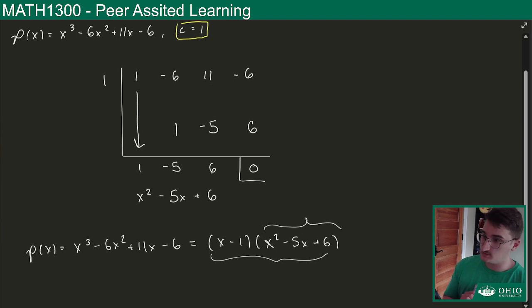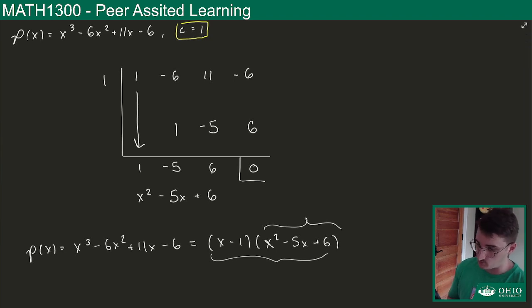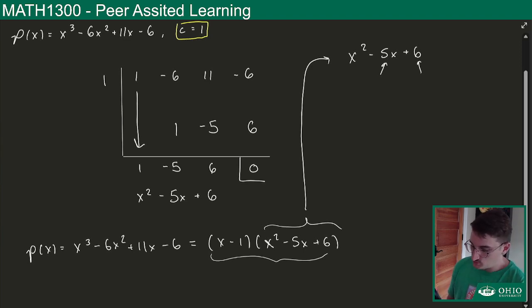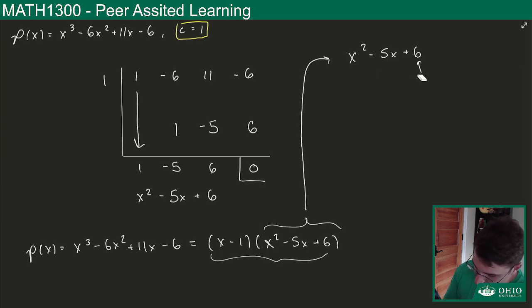But we actually do know how to factor quadratics. So now we'll ask ourselves, what is the factorization of x squared minus 5x plus 6? Well, I need to find two numbers that add together to -5 and that multiply to 6. So that will probably look like -3 and -2.